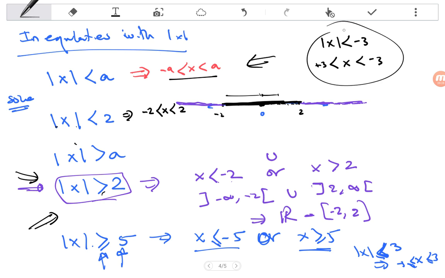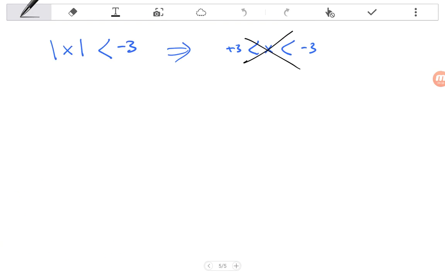What about this solution? Is it correct? No. Why? And what would be the correct solution? Remember that this is an inequality. I'm trying to find all the values of x which make that statement correct.